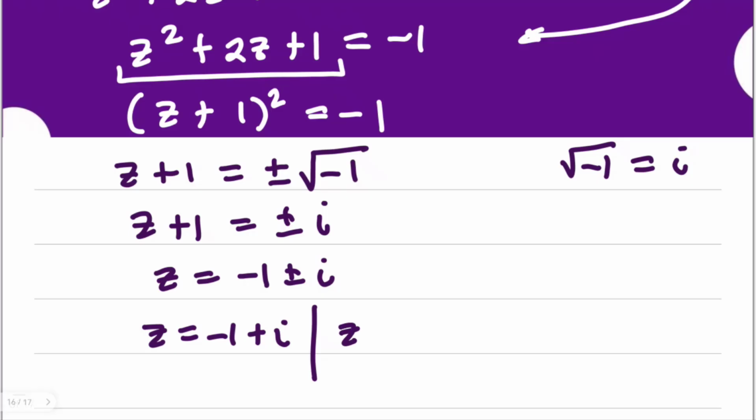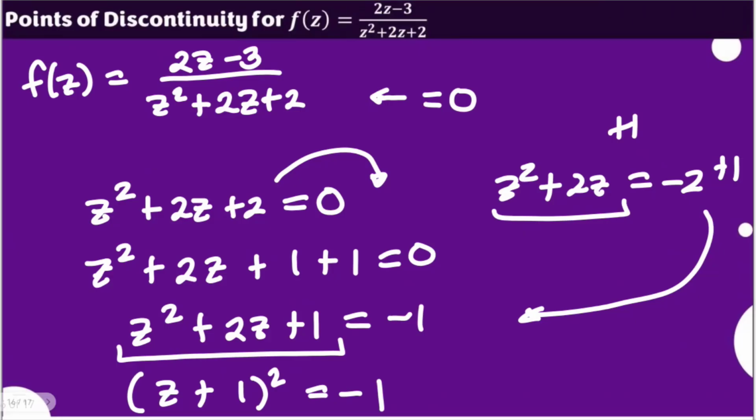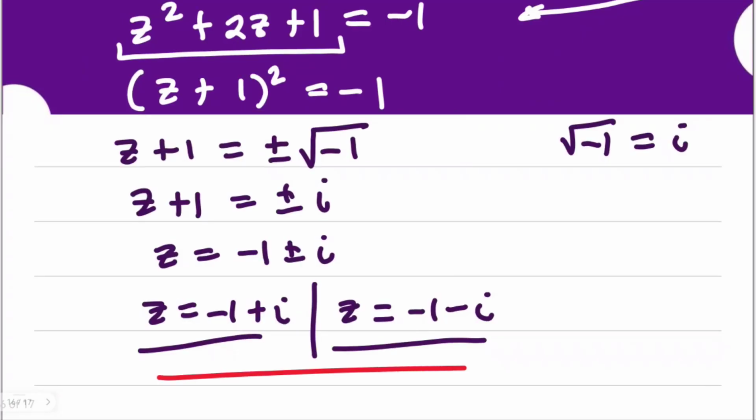I'm using "or" because any of them could make it discontinuous, but since the question is finding the points of discontinuity, both of them must appear. If we substitute these on the given function, it might not affect the numerator, but surely the denominator would be equal to 0, making the entire function discontinuous. So again, this is the correct answer.